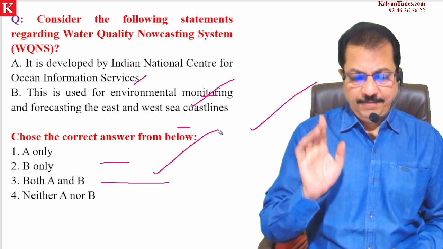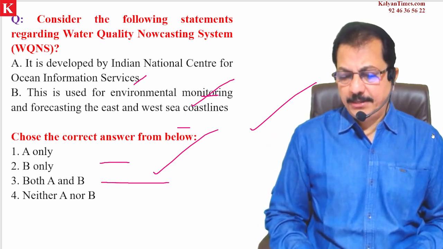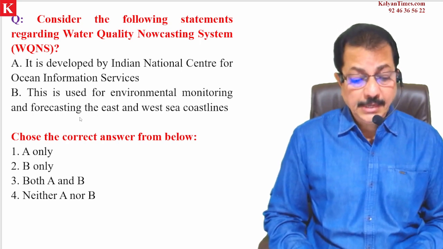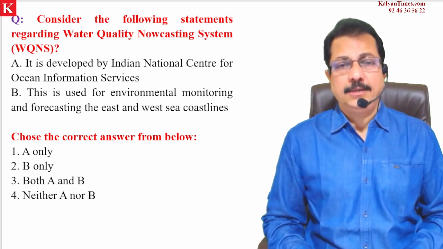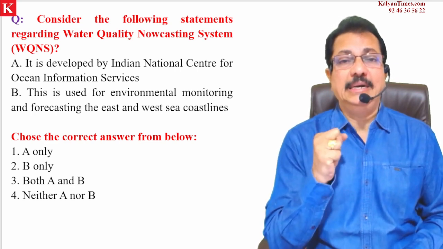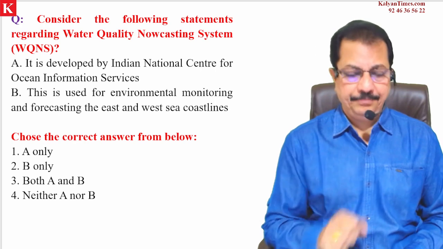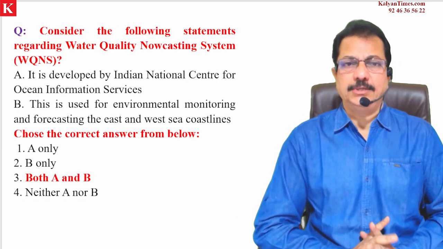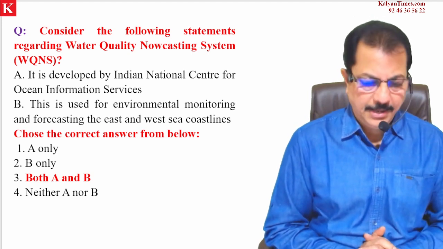Am I clear? Very, very important. This is a part of our environment, and this is a mechanism to protect our ecosystem. How do you protect? By looking at the quality, you will take the measures if the quality is getting depleted. Am I clear? Now, look at this. So this is the correct answer. So we got a mark on this.